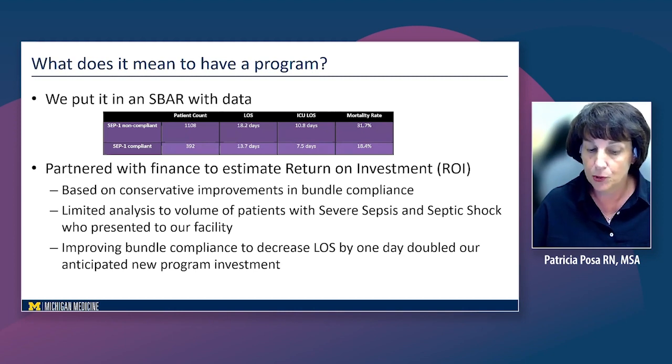And then we defined the variable cost per patient, a very conservative variable cost, and multiplied that by the number of encounters by the variable cost per day to come up with the dollars saved if we reduced length of stay by 1 day, by 2 days, or decreased it to the length of stay that we achieved when we were SEP 1 compliant. I'm going to turn it over now to Dr. King, and she's going to outline the components of the program and the requests that we made, as well as the sepsis program structure.